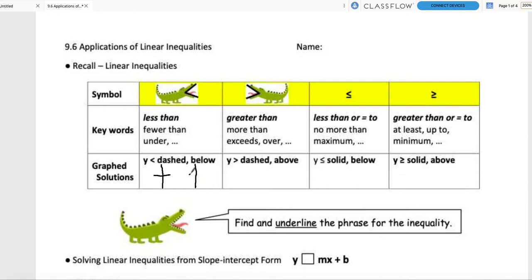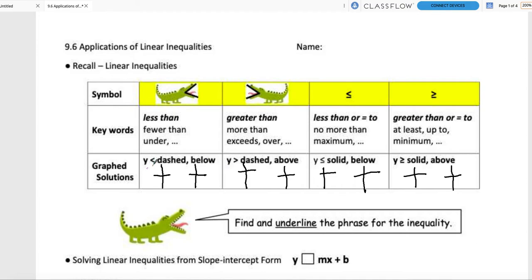I'm drawing X and Y's axis, not crazy T's. I'll get better at the end, right? Maybe. All right, I'm doing two because above could be in two directions, and I want you to see the distinction. Okay, so let's take a look at this.